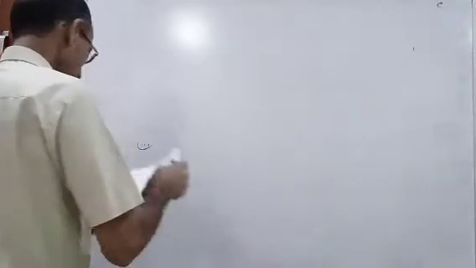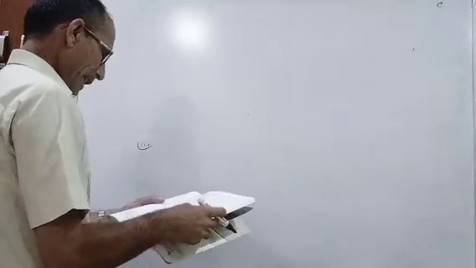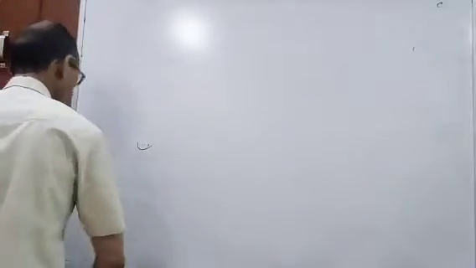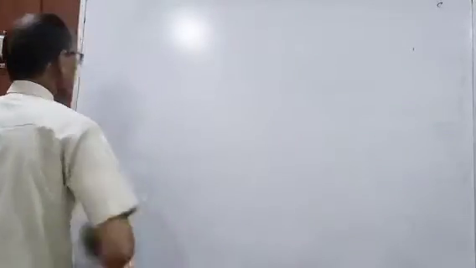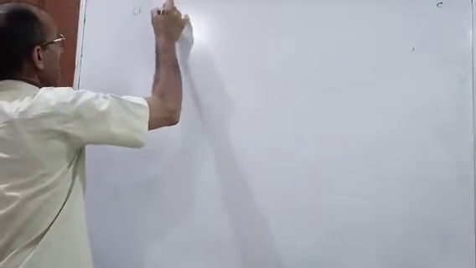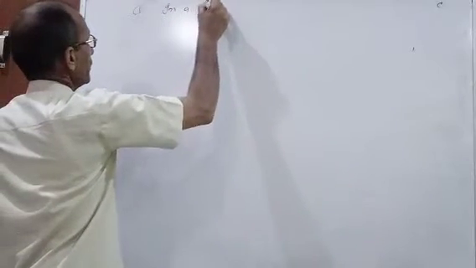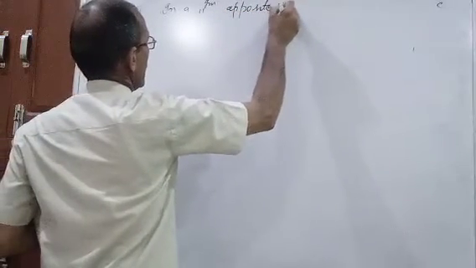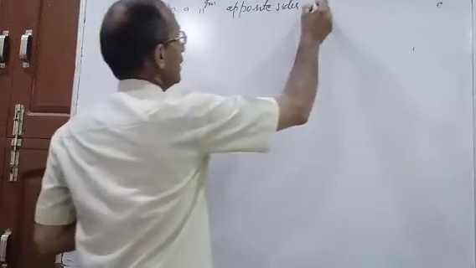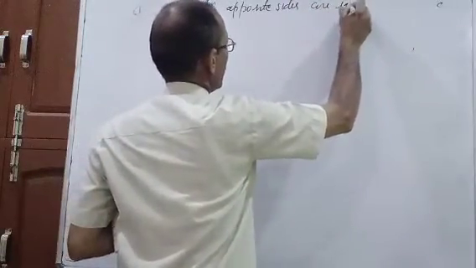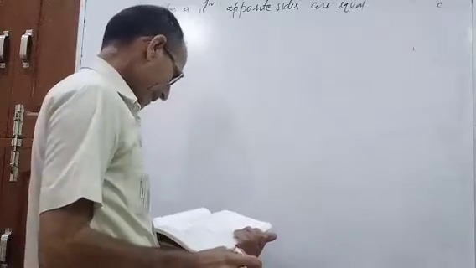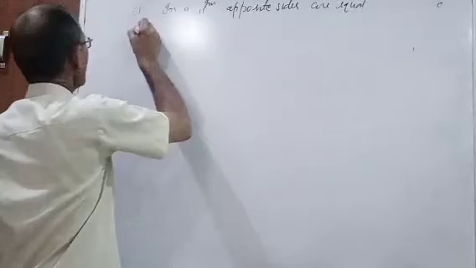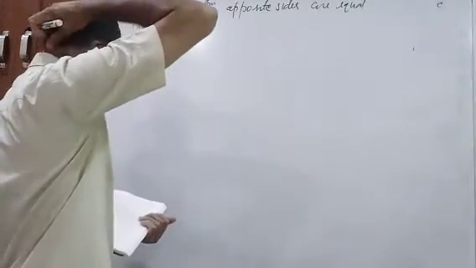What is the statement? In a parallelogram, opposite sides are equal. This is the theorem we have to prove. First part, in a parallelogram, opposite sides are equal. Second, what we have to prove?